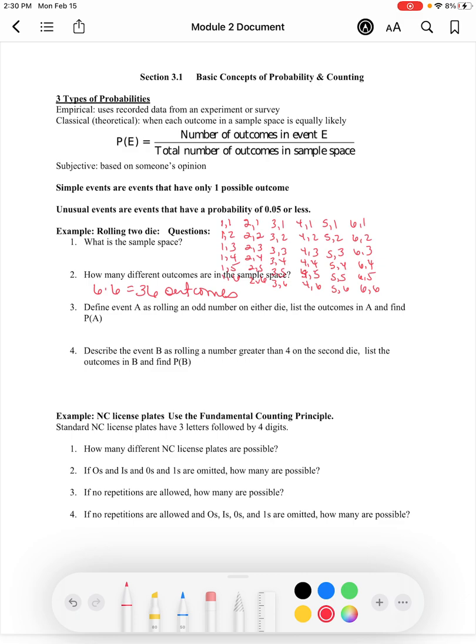If you roll an odd number on either die, list the outcomes and then find the probability.